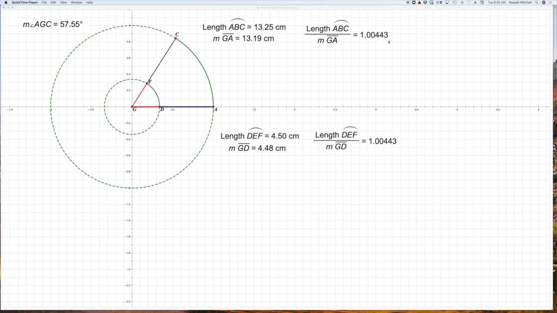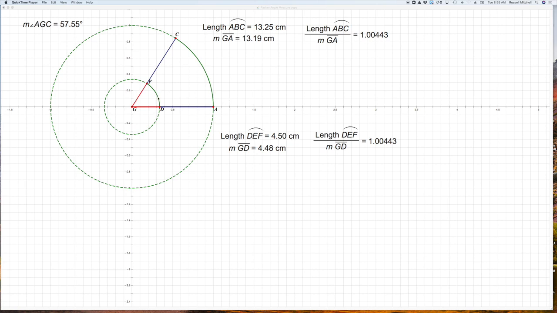So I went out 5 decimal places just to show you the accuracy of this, okay? So this angle right here, it's 57.55 degrees, but it's also 1.00443 radians, all right? So we look at this, that's the bigger circle, okay?